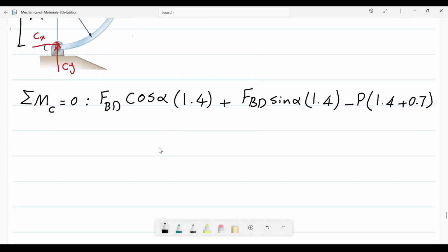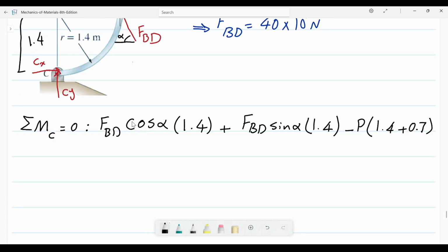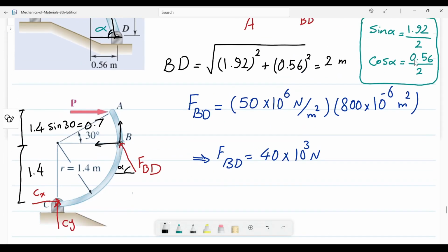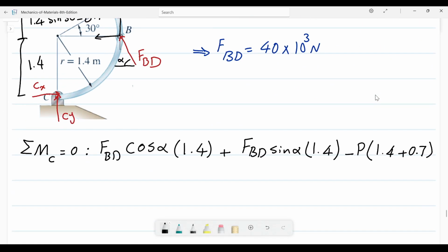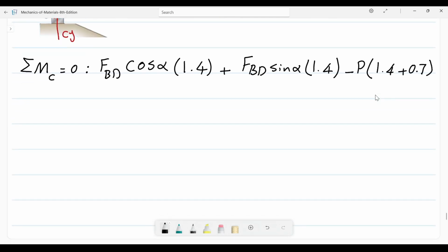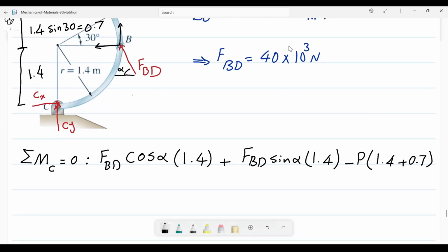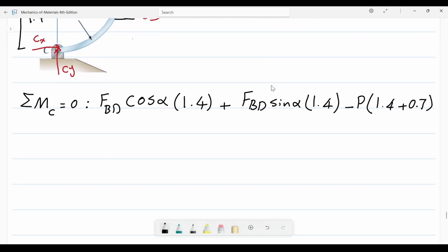And we know that cosine alpha equals 0.56 divided by 2, and sine alpha equals 1.92 divided by 2, and FBD is equal to 40 kilonewtons.